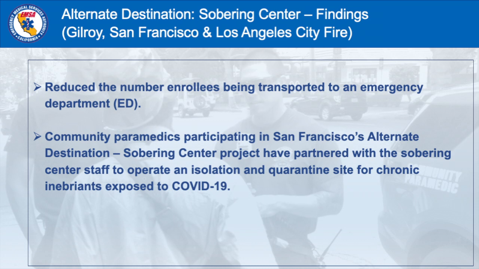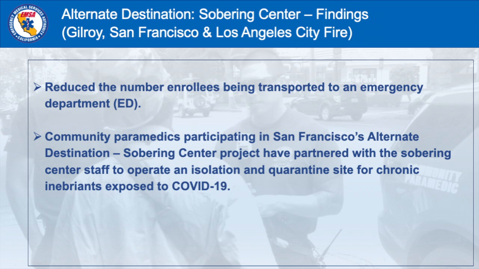Sobering center findings in these particular departments, mostly in San Francisco and Los Angeles. We reduced the number of enrollees being transported to the emergency department as well. And the community paramedics participating in San Francisco's Sobering Center Project also partnered with the Sobering Center staff during the COVID pandemic era.